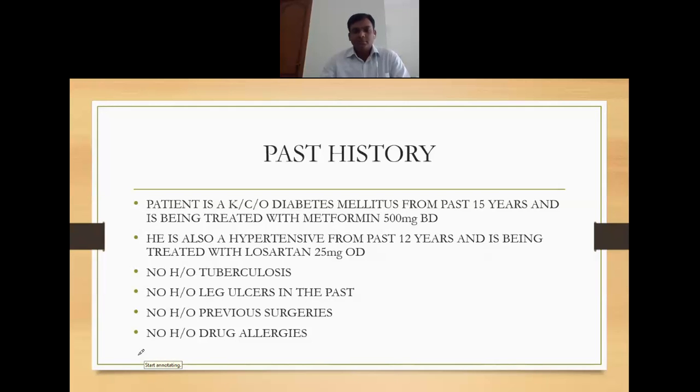Any disease, they are either the risk factor or sometimes the causative factor also. So you always keep that, whether it is positive or negative, at least at the end of the present history. You have told everything positive, you have told no history of, no history of, no history of, everything you have told, and later you tell comorbid conditions like diabetes, tuberculosis, hypertension, and epilepsy.